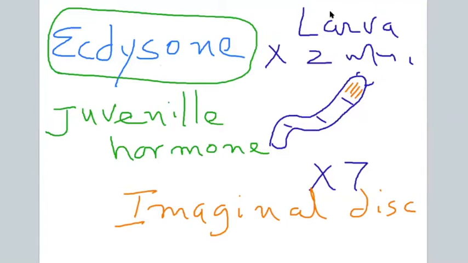In other words, ecdysone is working for the future butterfly, because unless the larva dissolves, you cannot get a butterfly. So ecdysone is necessary to dissolve the larva. That is what it works for. Juvenile hormone keeps the larva as larva.